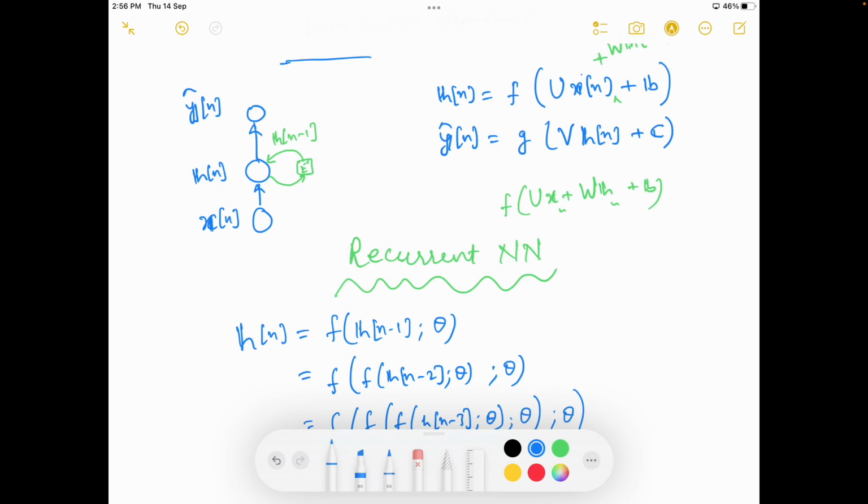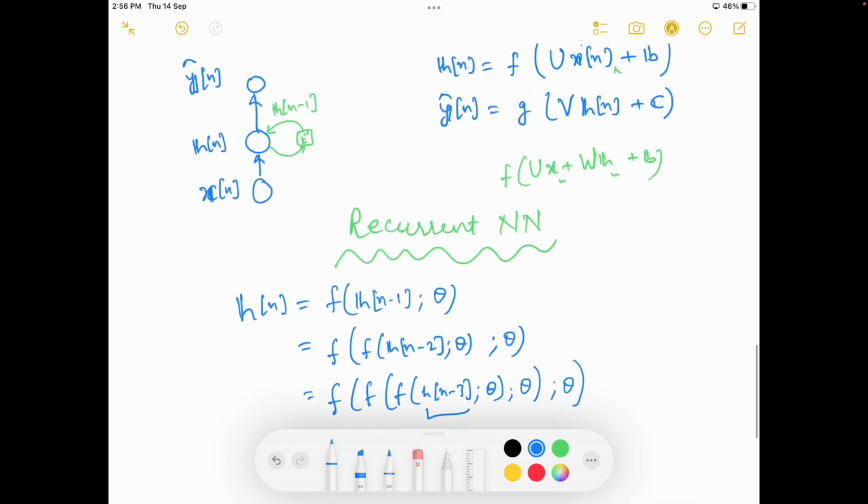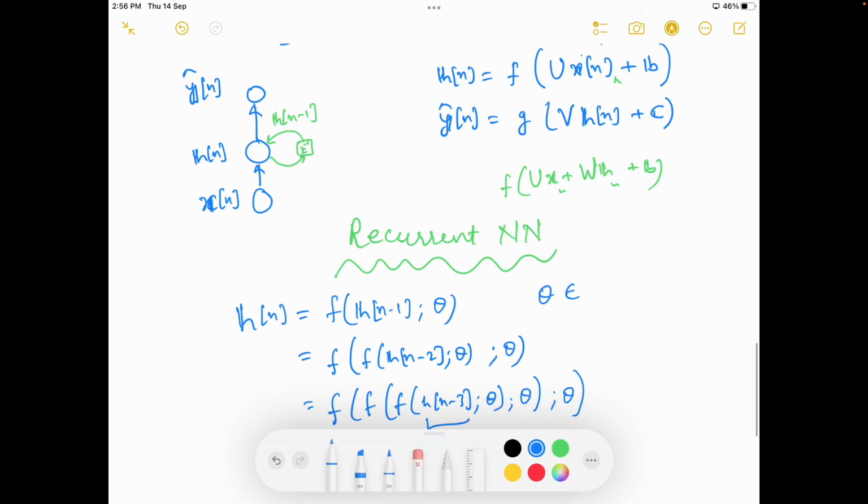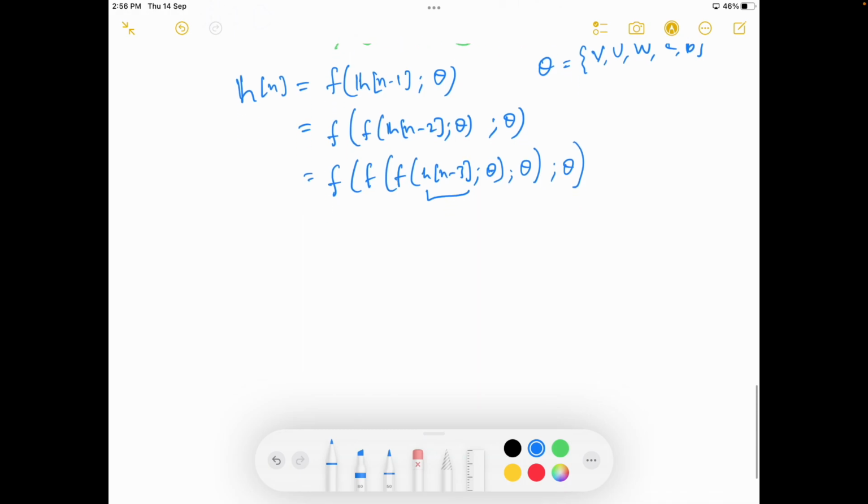And theta is the set of V, U, W, C, all these unknown parameters.